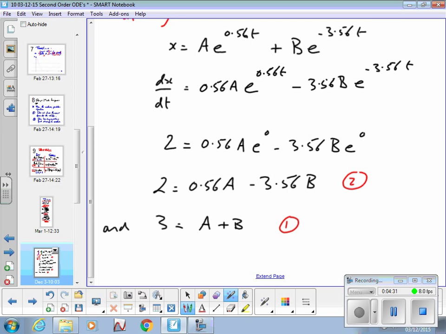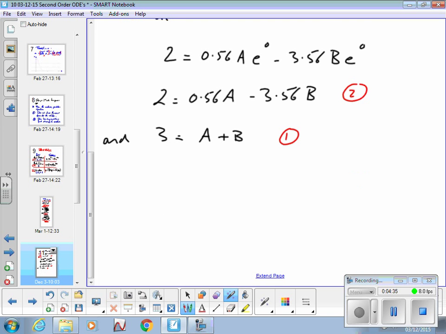The more general one and the more powerful one, though, and often works, is take number 1, say for example, and rearrange it so that it reads something like a equals something. So from 1, say a equals 3 minus b. I could have done it the other way around, b equals 3 minus a, but I choose to do it this way.